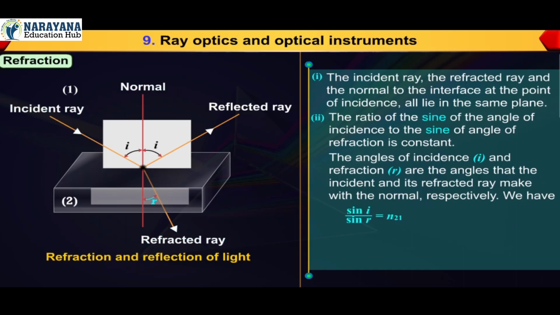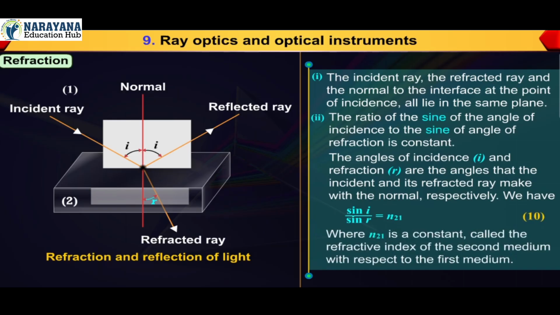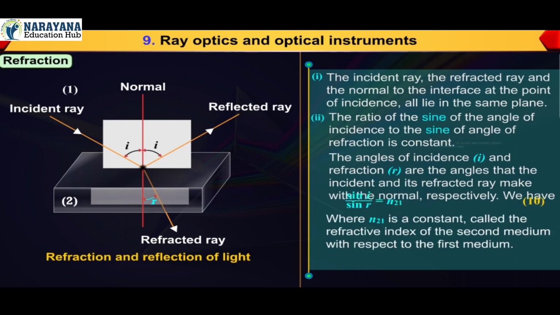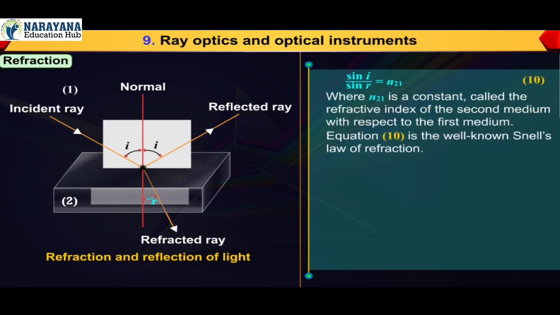We have sin i / sin r = n21, equation 10, where n21 is a constant called the refractive index of the second medium with respect to the first medium. Equation 10 is the well-known Snell's law of refraction.